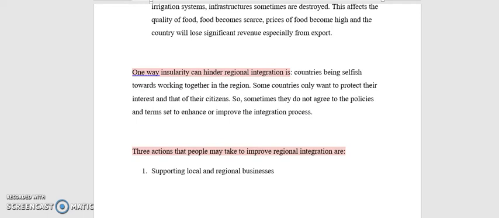And this should not be, because there are policies and terms that are set to promote regional integration. So countries that practice insularity are always finding a loophole. They're always trying to find ways to block or prevent cooperation or regional integration from taking place because they are only interested in their citizens and their country.